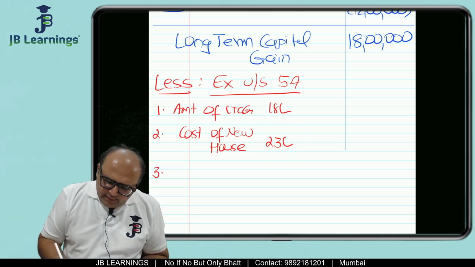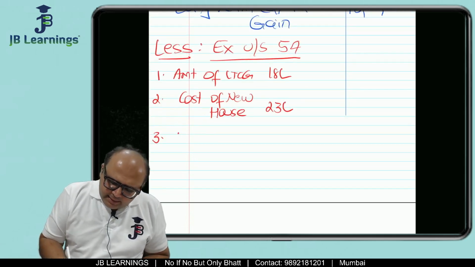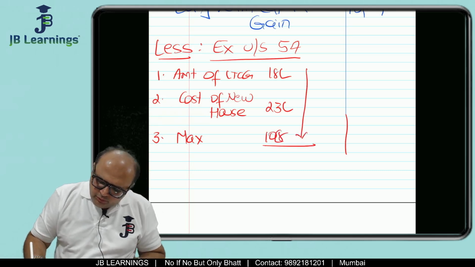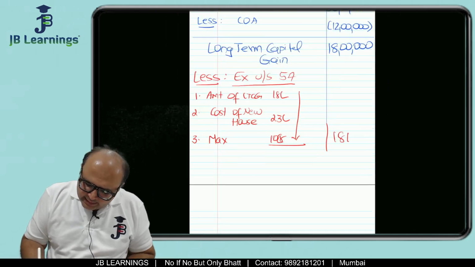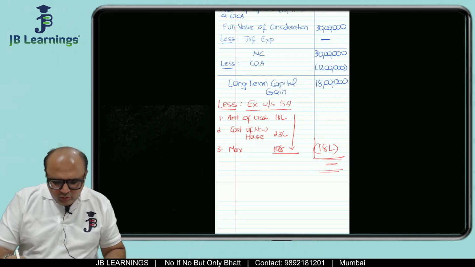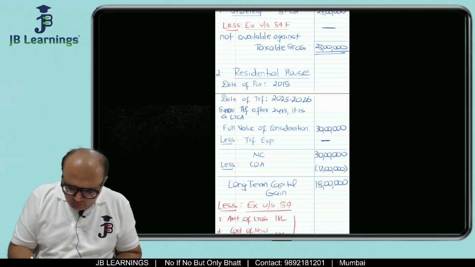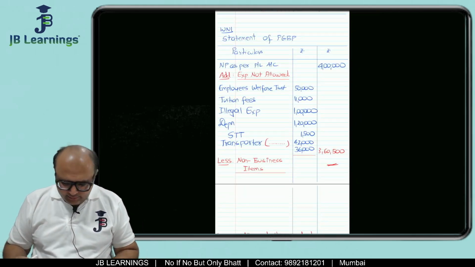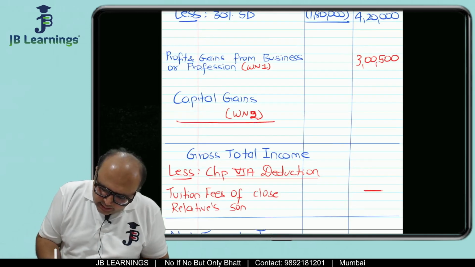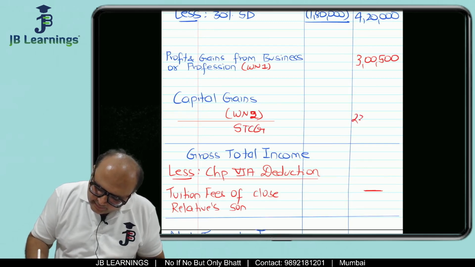Then the third point is the maximum of 10 crores, which is the limit in this section 54. So you will get an exemption of 18 lakhs. So this entire 18 lakhs will get exempt. So only the short term capital gain of 23 lakhs would be taxable. So short term capital gain, 23 lakhs.